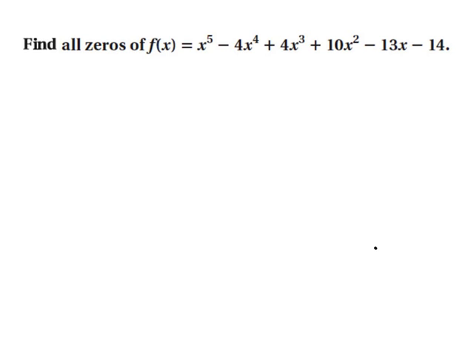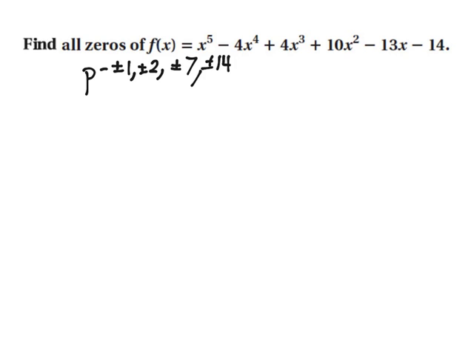Well, first I've got to find P and Q. My P in this case would be plus or minus 1, plus or minus 2, plus or minus 7, plus or minus 14.